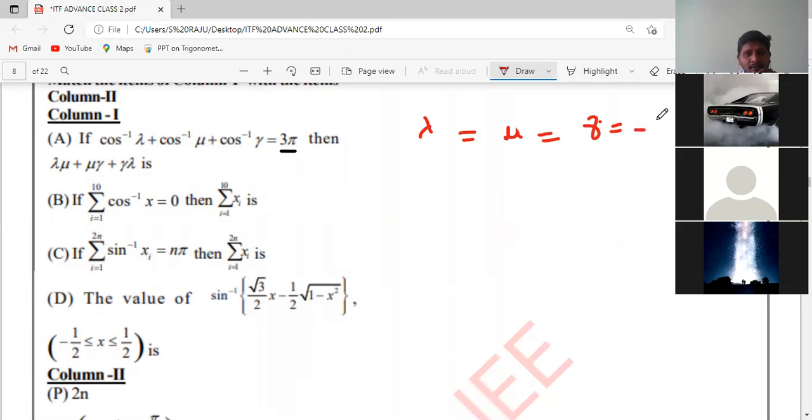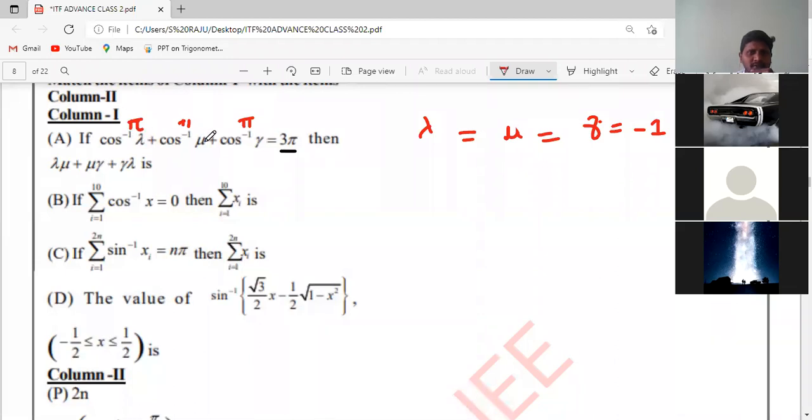See, cos inverse of minus 1 is what? Pi. Cos inverse of minus 1 is pi. As you said, pi plus pi plus pi will be 3 pi.